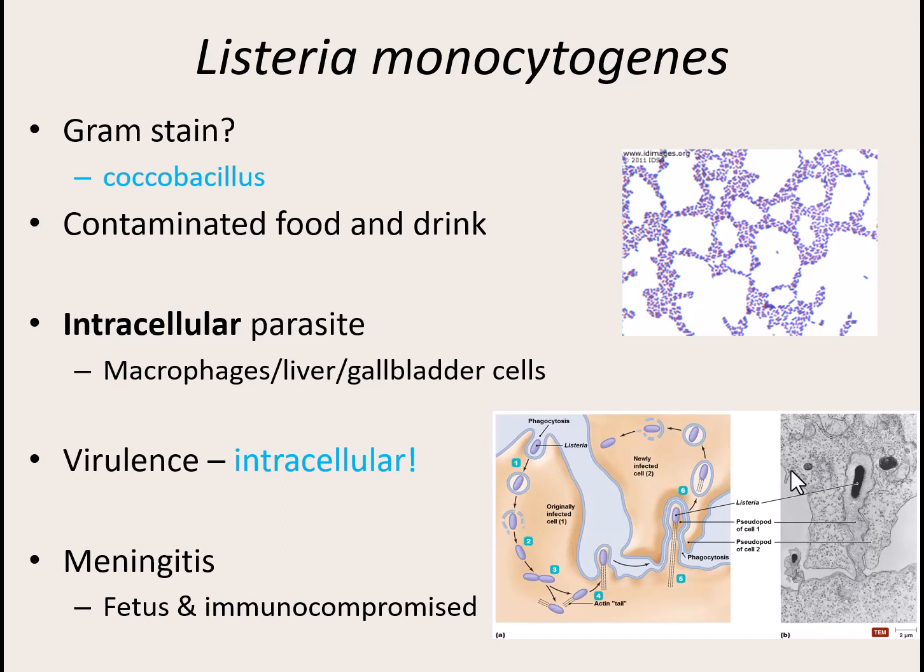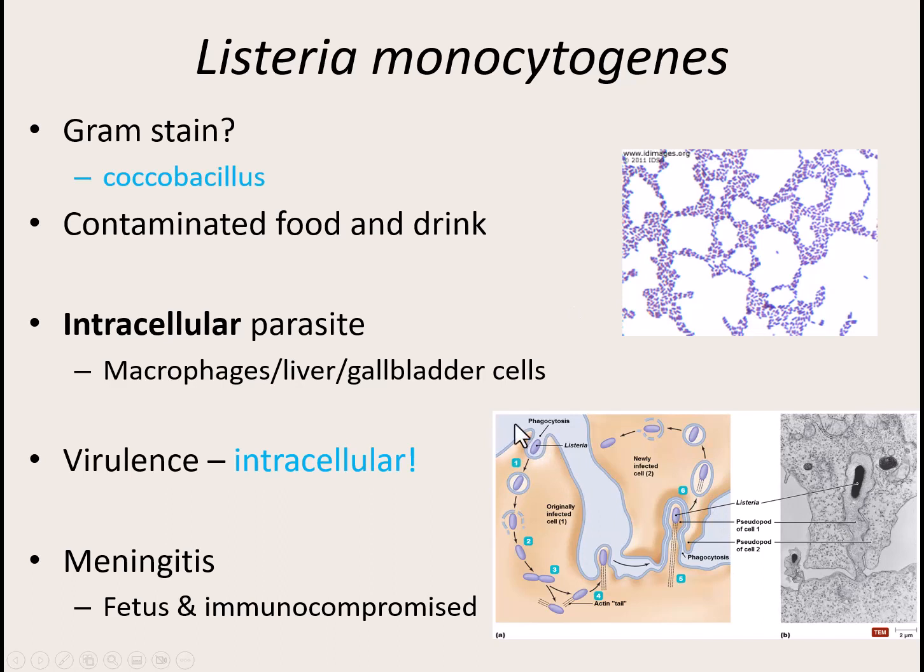Its big claim to fame that makes it so virulent, or able to cause disease, is that it is an intracellular parasite. Intracellular means this thing lives inside of our cells, and it doesn't get broken down, which is awesome. It actually encourages macrophages, the big eating cells part of our immune system, to eat it.